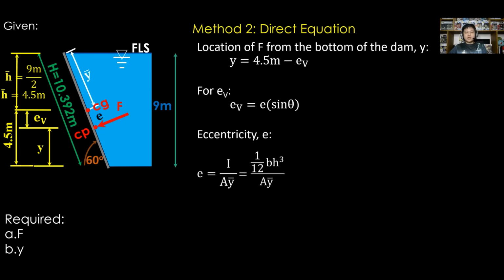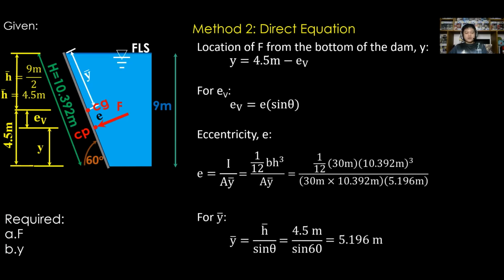And I for a rectangular surface is 1 over 12 times B times H raised to 3. For Y bar, associated with H bar, thus Y bar is equal to H bar all over sine theta. Substitute H bar, that is 4.5 meters, and theta as 60 degrees. Therefore, Y bar is 5.196 meters.